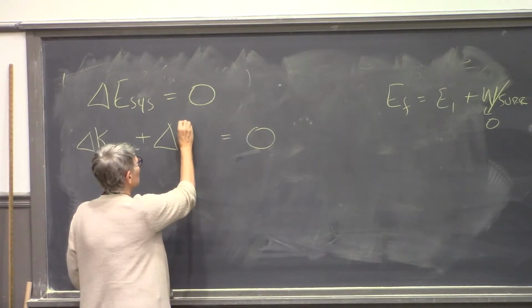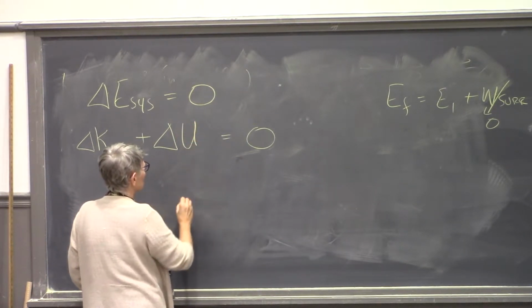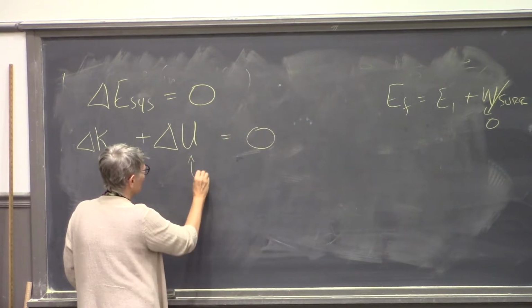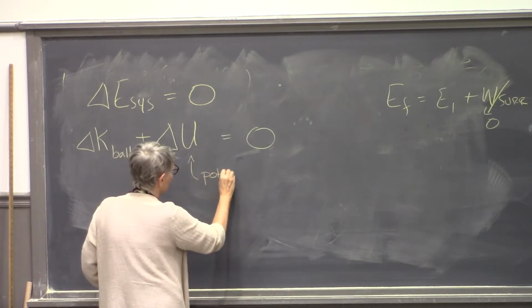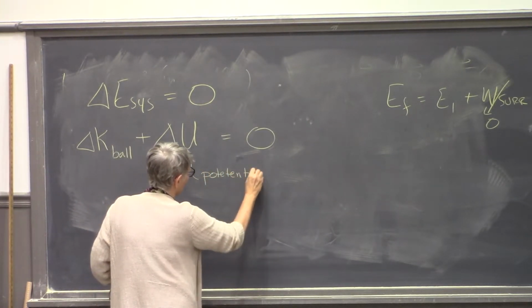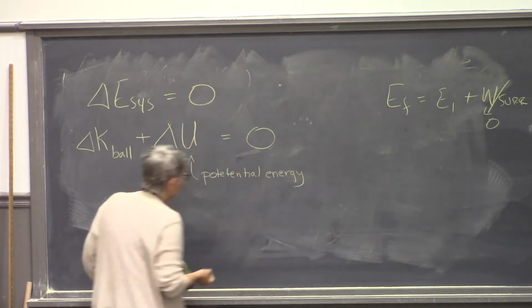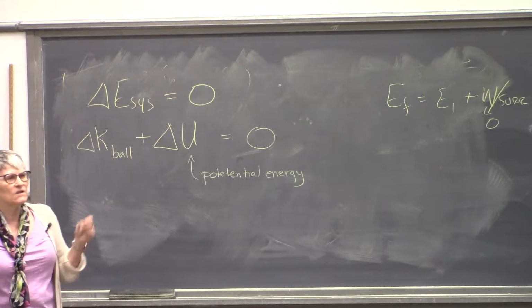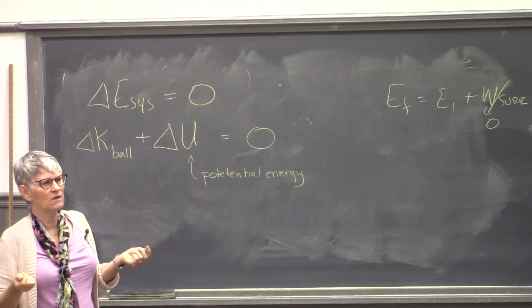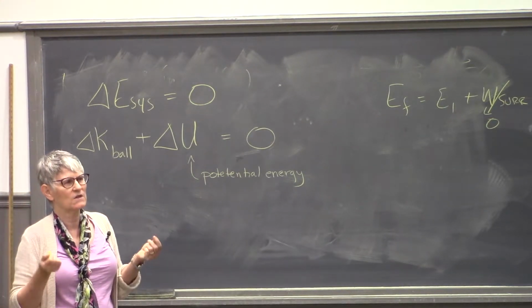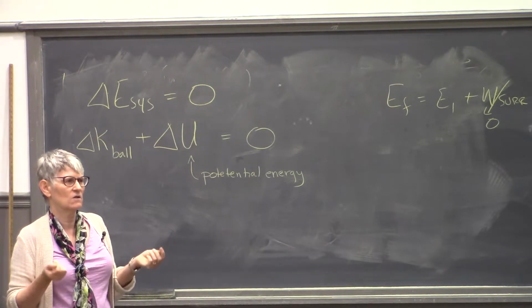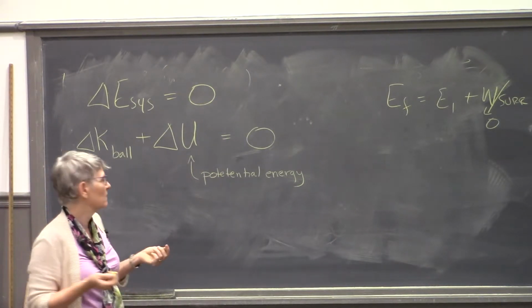This thing is symbolized by a capital letter U, the potential energy, and it's energy associated with the interaction of two objects inside our system.